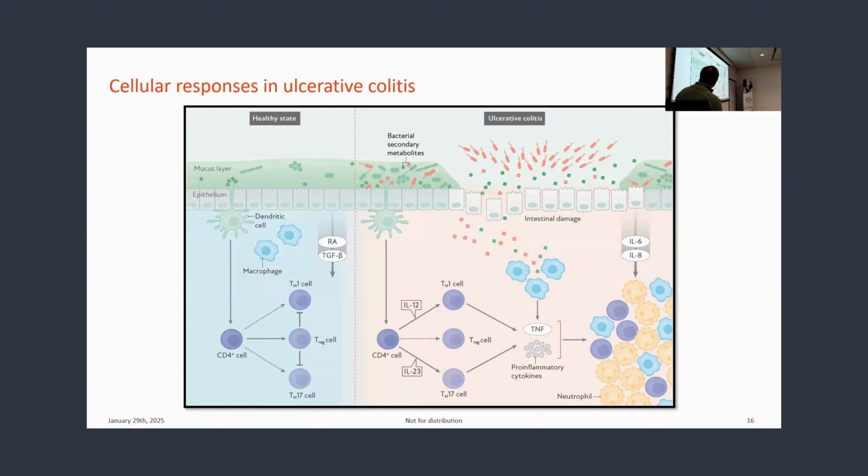But this leakiness also leads to direct interaction between the microbiota, or these leaking bacteria or their metabolites, and the innate immune cells, the macrophages and dendritic cells, which start producing inflammatory cytokines like TNF. They also interact with the T cells, leading to the priming of inflammatory T cells like Th1 and Th17. So it's an inflammation-dominated site.